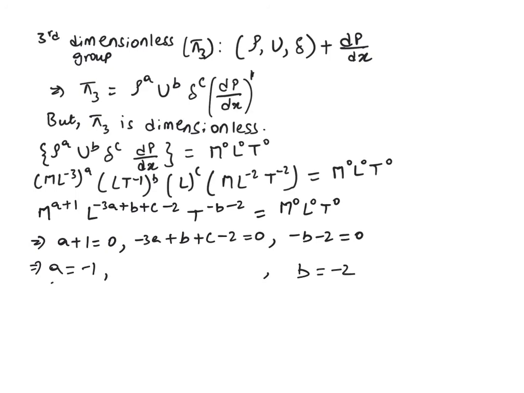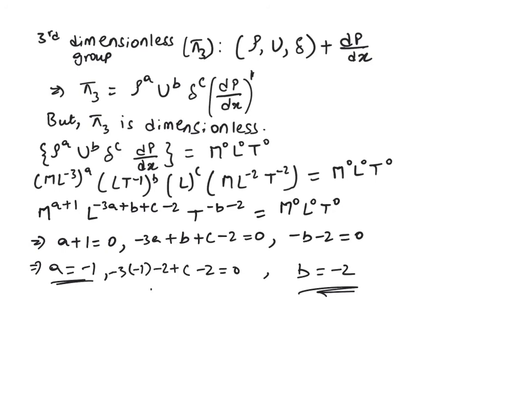Substituting these two in the second equation, we get minus 3 times minus 1 minus 2 plus c minus 2 is equals to 0.